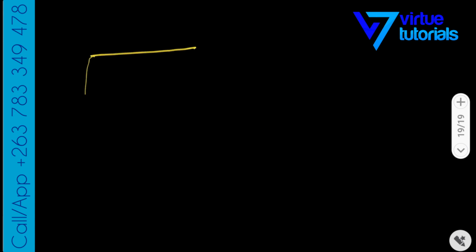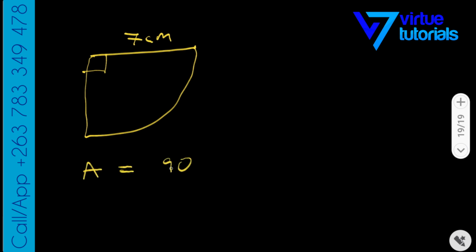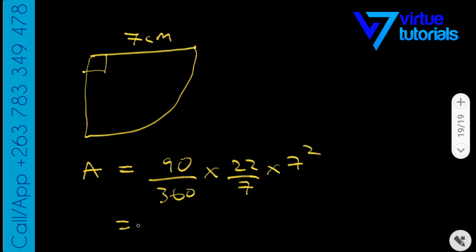I have a sector like this with a 90-degree angle, and for simplicity's sake, I have 7 centimeters, and then my area will be 90 over 360 times pi r squared, 22 over 7 times 7 squared. Again, this can be done with your calculator. You can use the pi from the calculator, but I'm just simplifying things for sake of example.